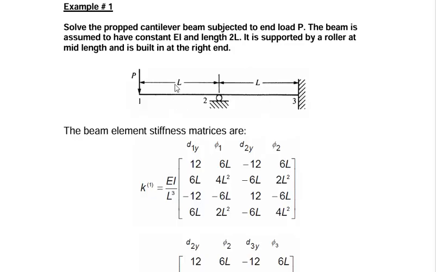Now first, if we write down the element stiffness matrix for element number 1, it would be something like this. K1 is equal to EI over L cubed, and the degrees of freedom are dy1, phi 1, dy2, phi 2. Similarly, you can label the rows as well.